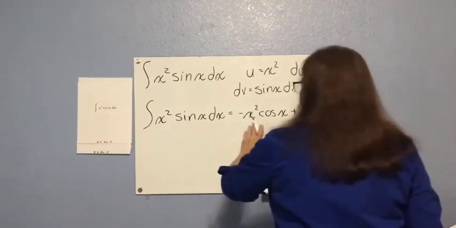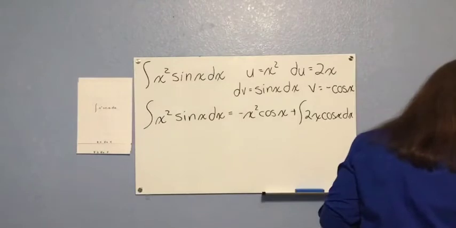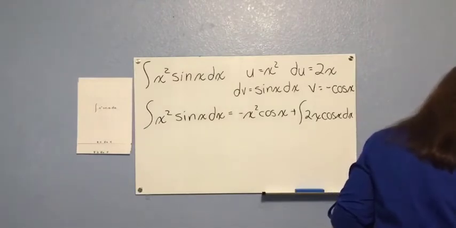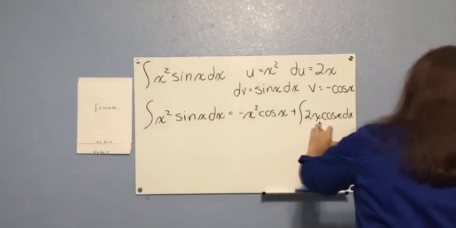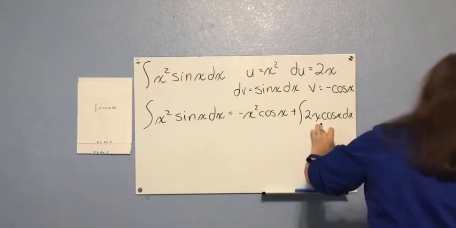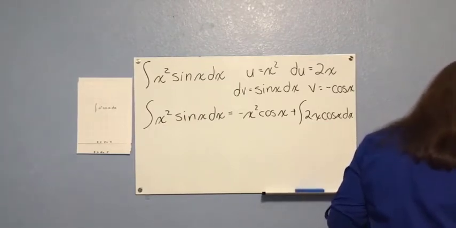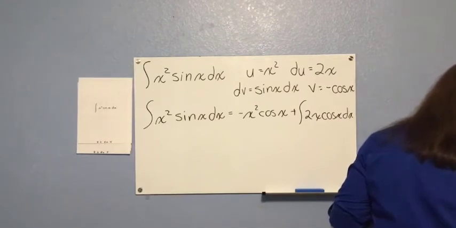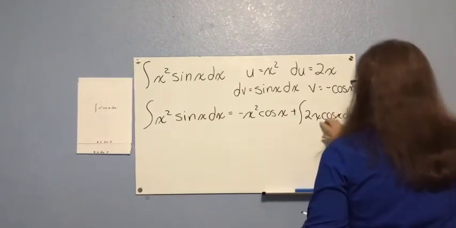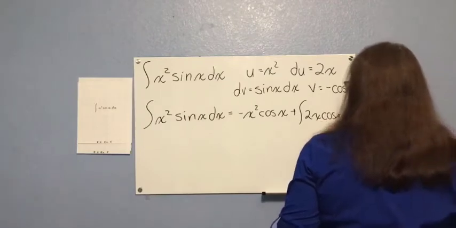Okay, so this is a little bit simpler than that. But this integral is still not fitting a basic integration rule. So we can take this part and integrate by parts again.